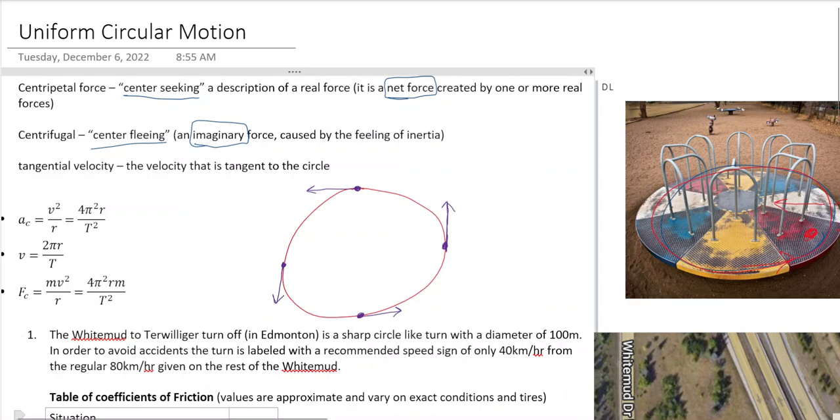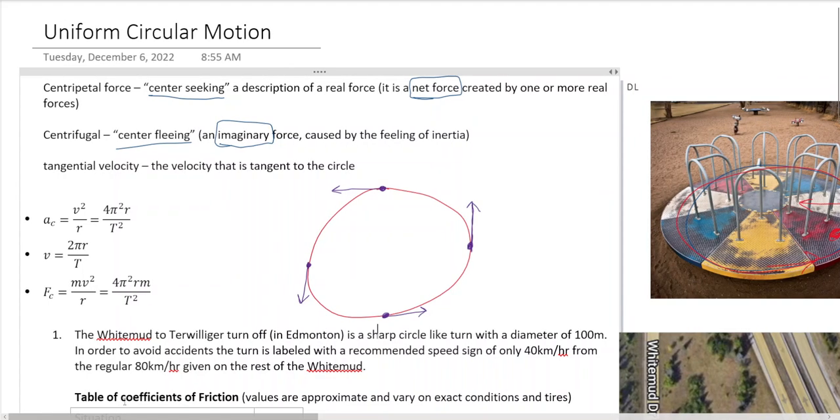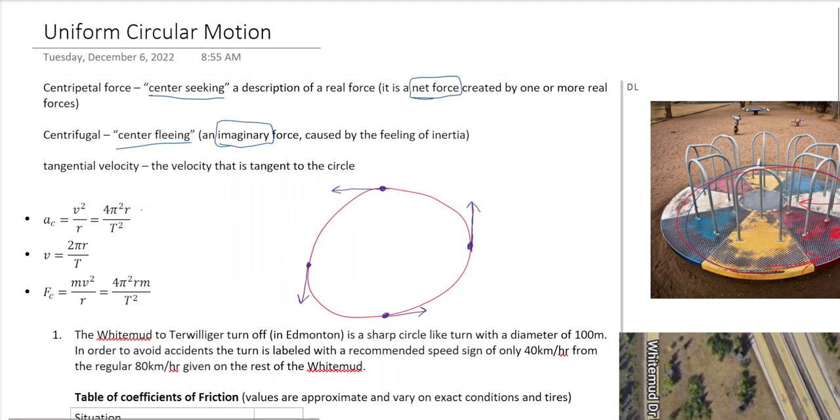Okay, so with all that in mind, we have a couple formulas here. We have AC, which is our centripetal acceleration formula. Okay, and we have two different formulas for that, but really we only have one formula for that because look at this one.